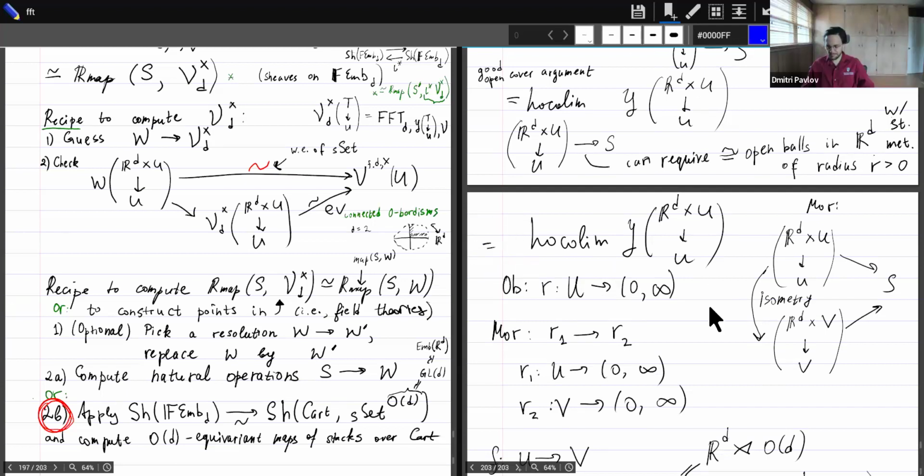So the only thing that happened is we took this indexing category and provided an equivalent category to it.